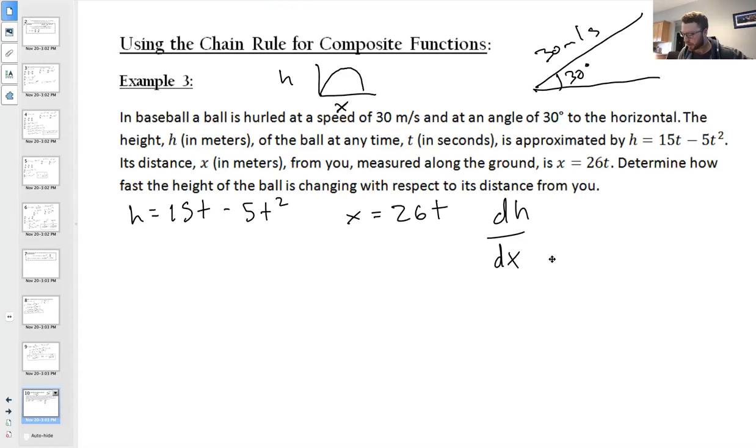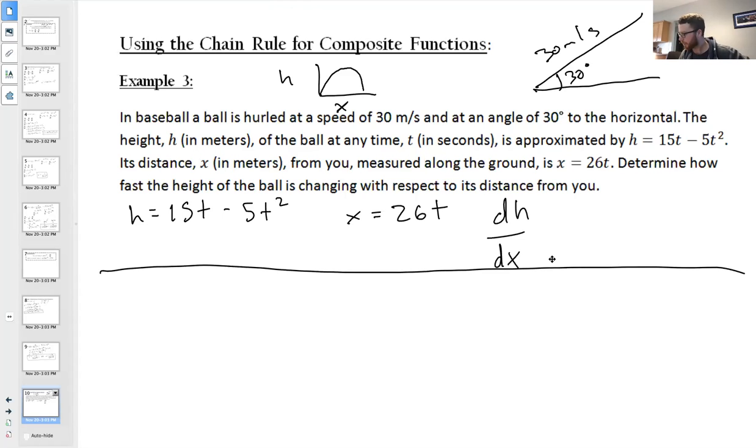Okay, so I'm actually going to show you two methods to solve these problems. So, method one, we are going to use our product rule, or the chain rule, sorry.